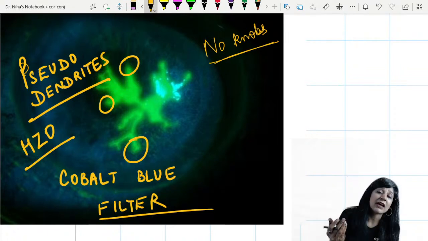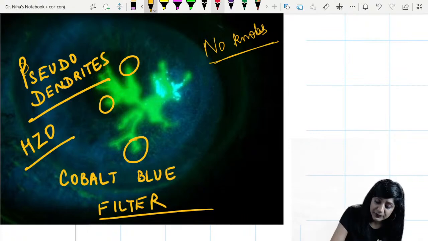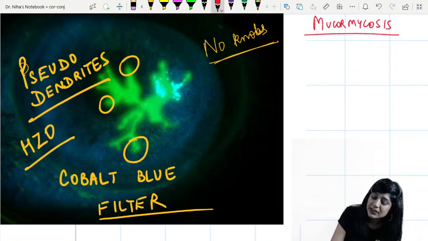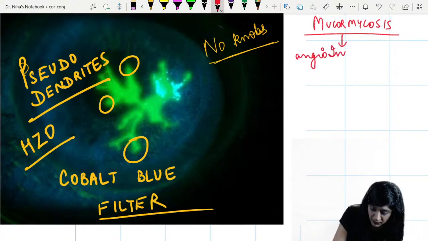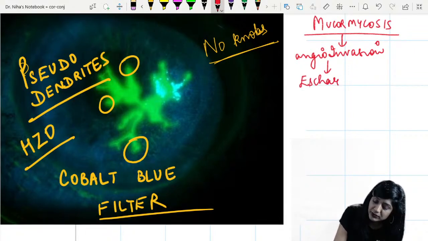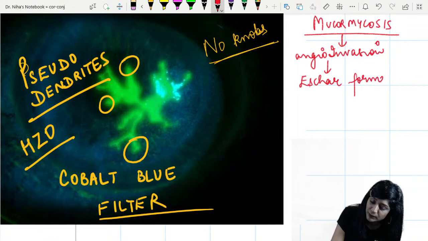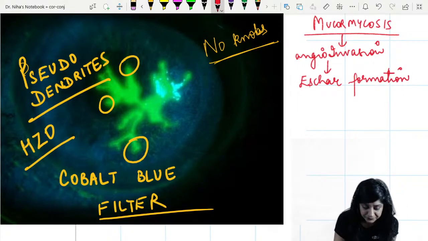And there you will have the angioinvasion in mucormycosis. In the angioinvasion you will have eschar formation, a very, very important thing, a blackish area, eschar formation will be there. Okay?